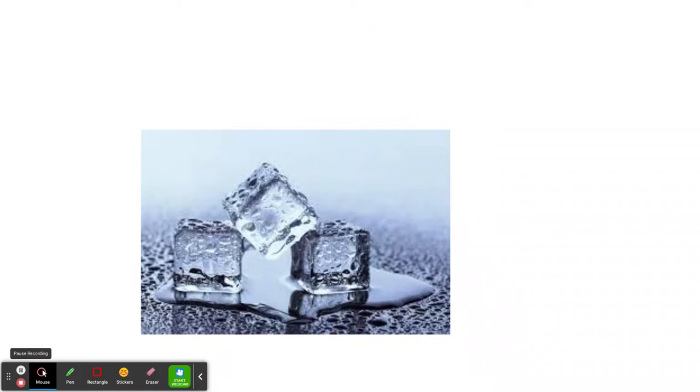So before we talk about phase changes and before we talk about temperature, let's look at our nice little ice cubes here. And as you can see, they're melting. So if I had an ice cube, let's get our blue pen going for ice.